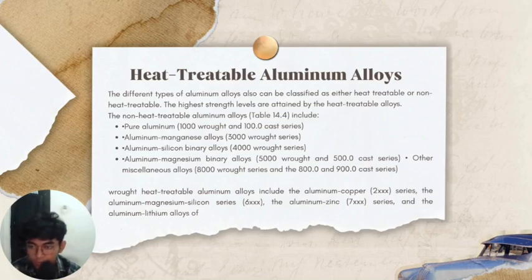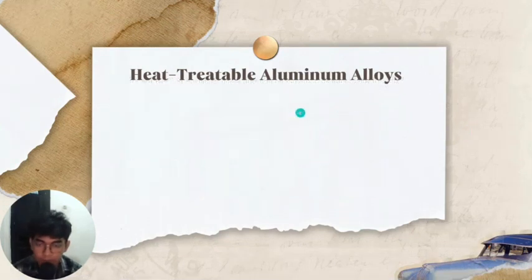Cast heat treatable aluminum alloys include the aluminum copper, some of the aluminum silicon plus copper and magnesium alloys, and the aluminum zinc alloy. By far, the most widely used aluminum casting alloys are the aluminum silicon alloys with magnesium or with copper. We will go to the next slide.